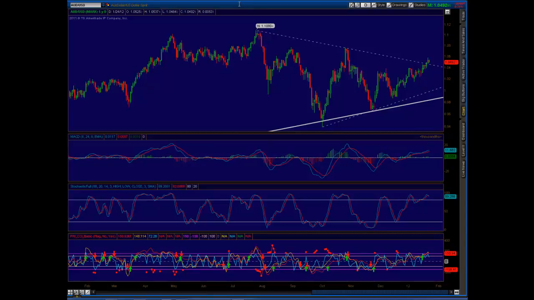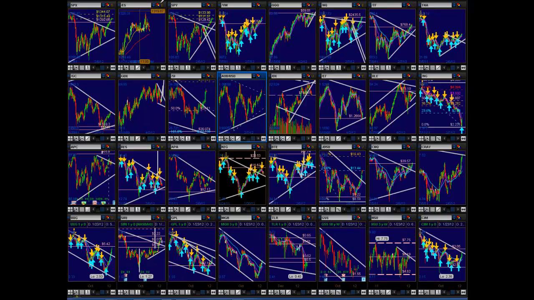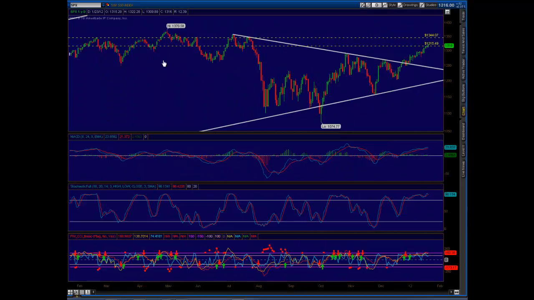Now, this is all coinciding with what's going on in the indices of the equity markets, especially the S&P 500. This is the S&P 500 cash index, and you can see this index has gone parabolic.